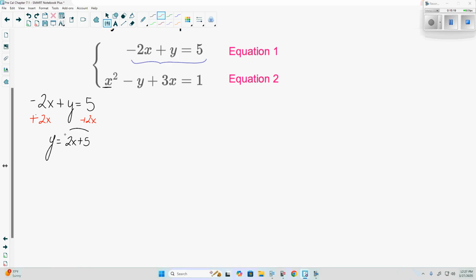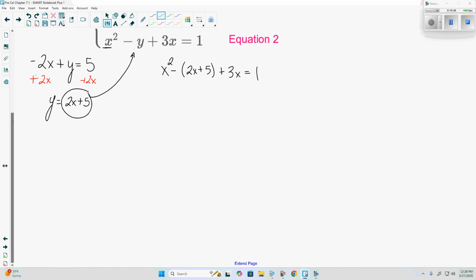And when we take this and replace every y in the second equation with it, we get x squared minus 2x plus 5 plus 3x is equal to 1. We don't have any of these expressions being squared. I'm not having to plug it into y squared. And it's not that it makes it harder or more challenging, it just makes it a little more tedious. We don't have to square anything this way.